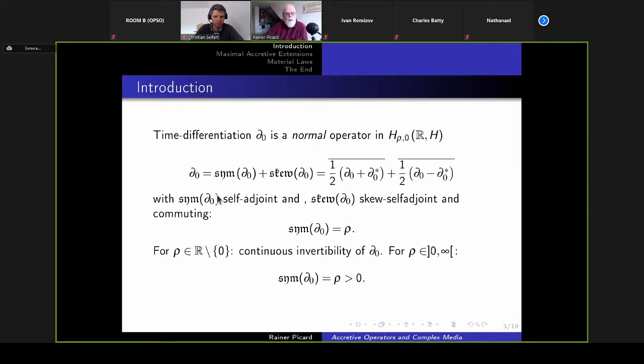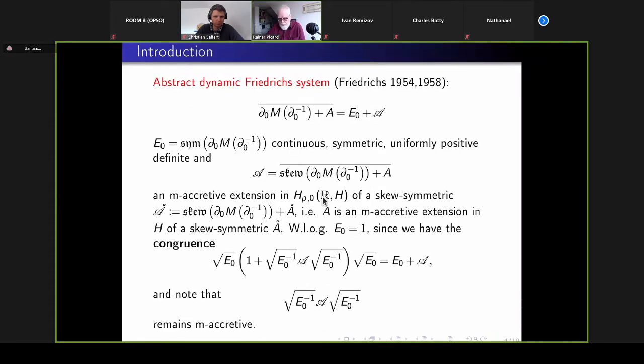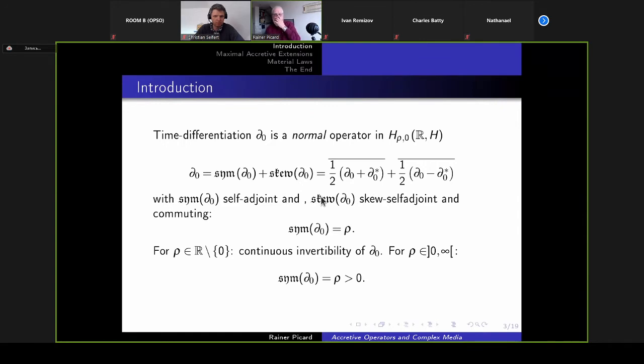And if we analyze this a little bit more closely, then the symmetric part, which is always self-adjoint in a normal case, is just multiplication by rho, and rho was just the exponent parameter in the exponential weight. And then there is the skew-symmetric part, which is then just the rest of it.